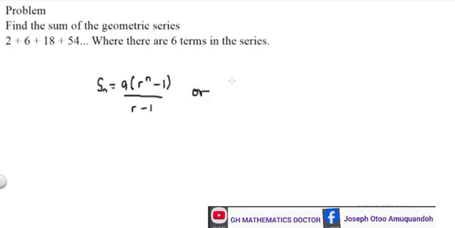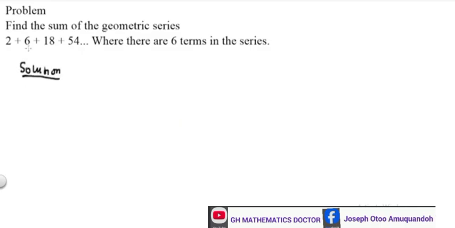This is the formula. You can redefine the formula and also write it as a times 1 minus r exponent n all over 1 minus r. Any one of your choice is applicable to be used as the sum of the terms in our geometric series.